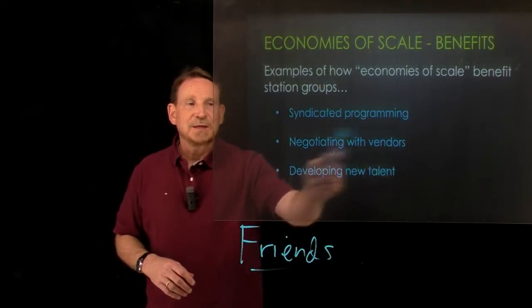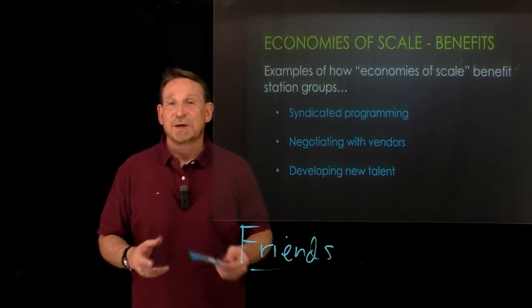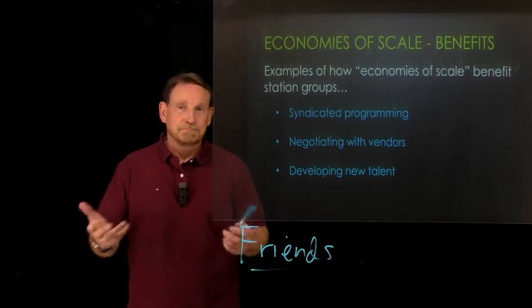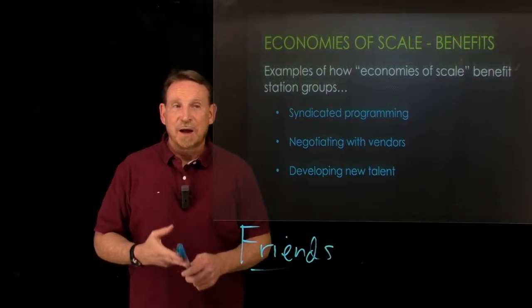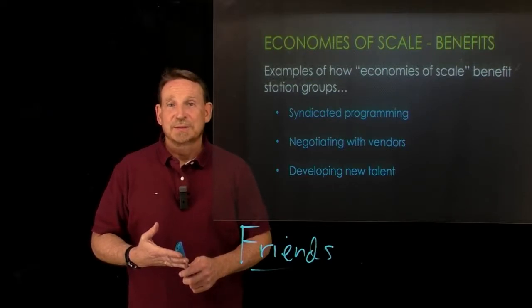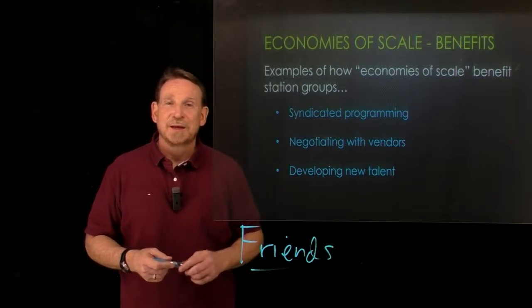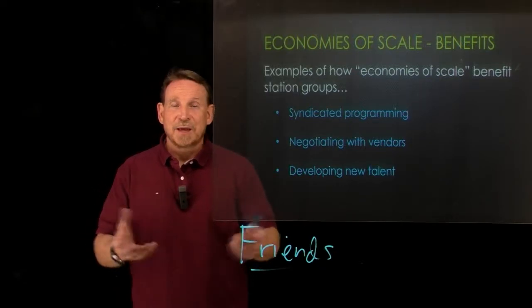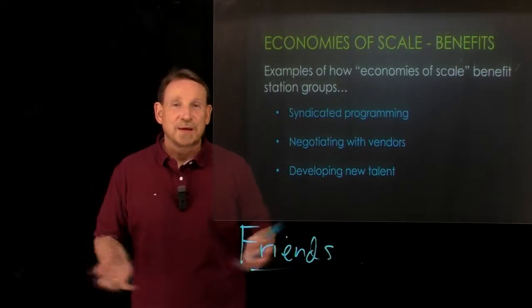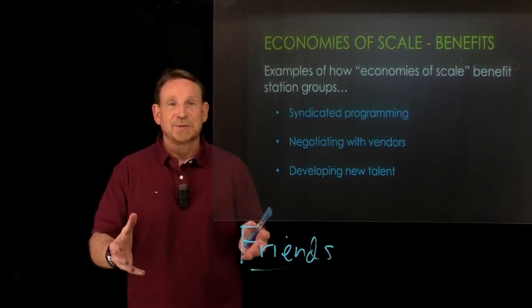Let's think about this idea of vendors. There are a bunch of other kinds of vendors that broadcast stations are involved with. Some of them could be for audience data. That would be the Nielsen company. Others might be engineering companies or equipment companies, like, say, Panasonic. If we focus on Panasonic for a moment, I think that works as a good example. Panasonic, let's say, makes television cameras for $20,000 each. Okay? Expensive cameras.